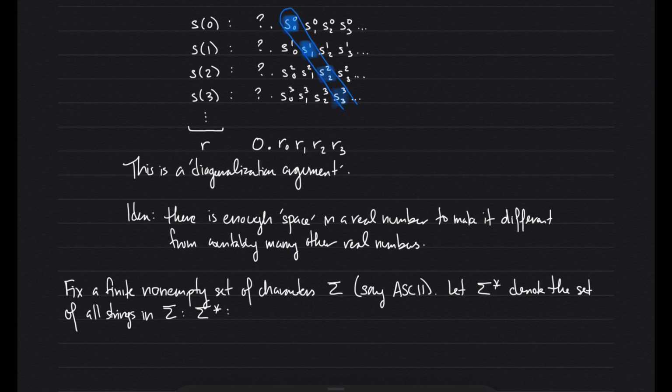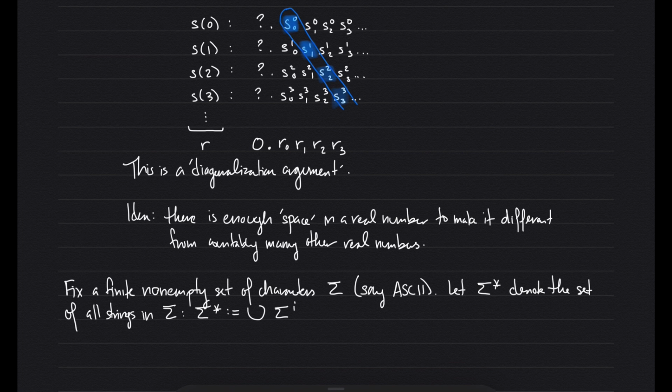And now we're allowing any length of string, so it could be 2 characters long, it could be 1,000,000 characters long. So we're going to define sigma star to be the union of all of the sigma to the i.